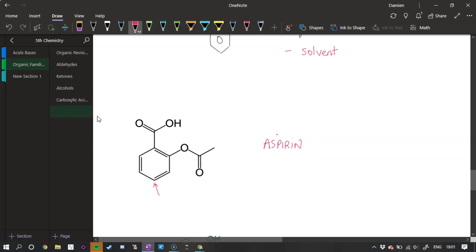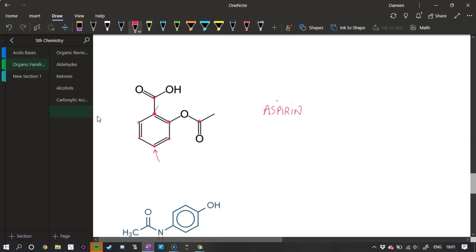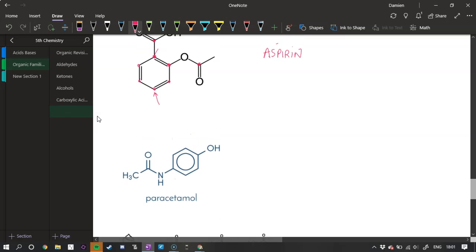For example, I'll mark it in here in red. There is a carbon there, there is a carbon there, and a carbon there, and anywhere there's a sudden change in direction of the bonds, there are carbons. So that's aspirin. The next one down is paracetamol. Again, you can see our benzene ring drawn slightly differently in there. That's the structure of paracetamol.